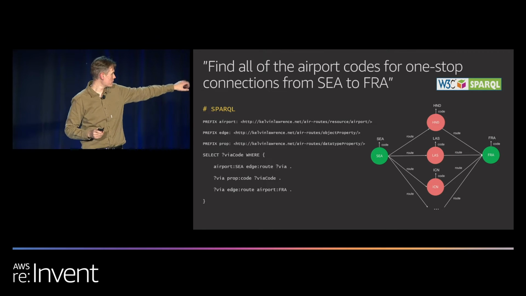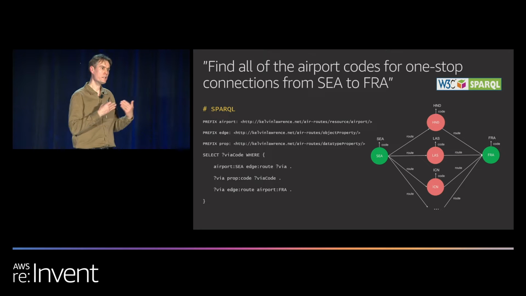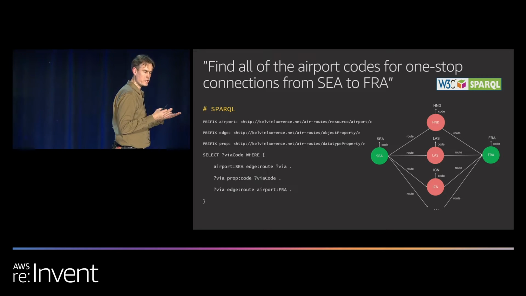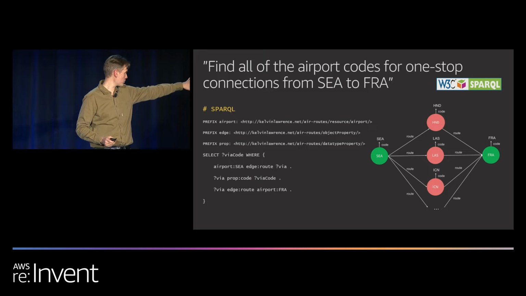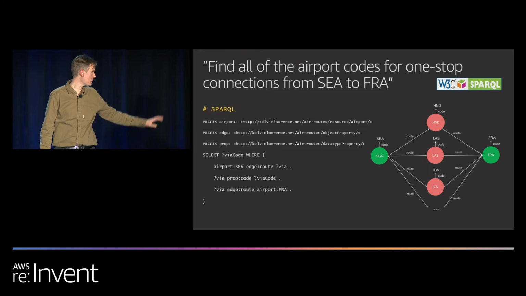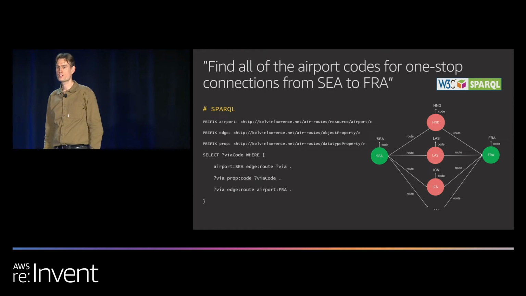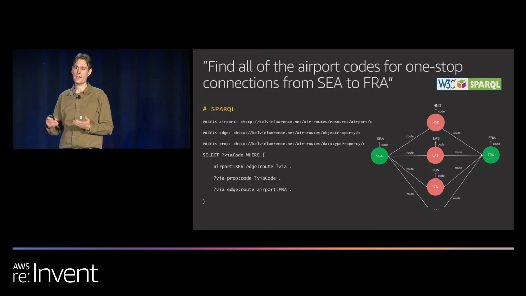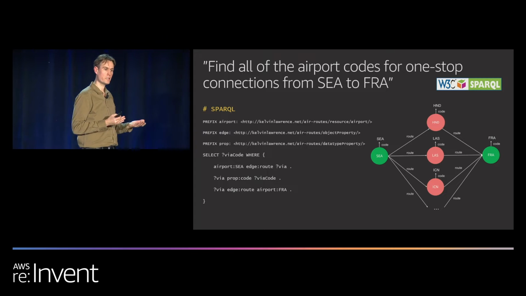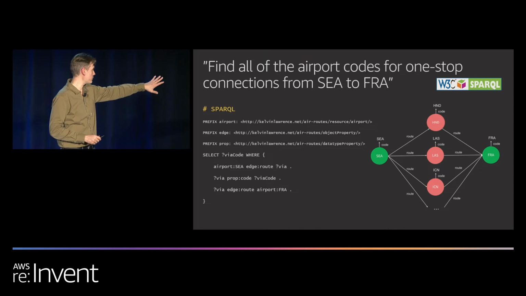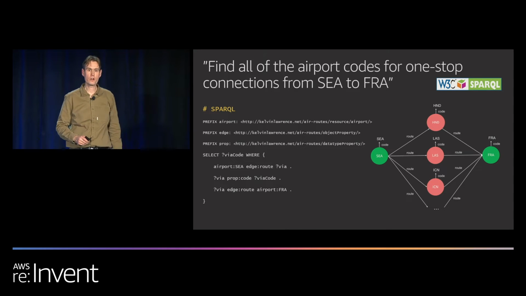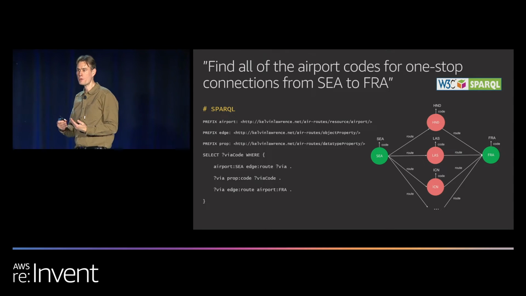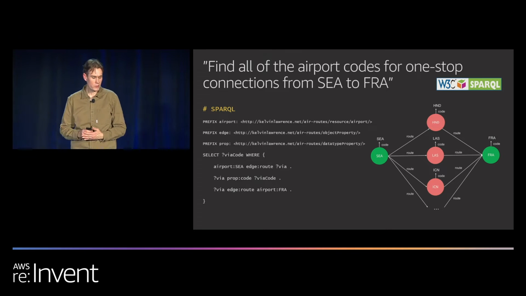The first line says, find the airport Seattle with a property edge route and bind those results to a variable called via. In SPARQL, the question mark with the name indicates a variable. You'll see that variable is then shared across these other triple patterns, and that's how we execute these joins in SPARQL.